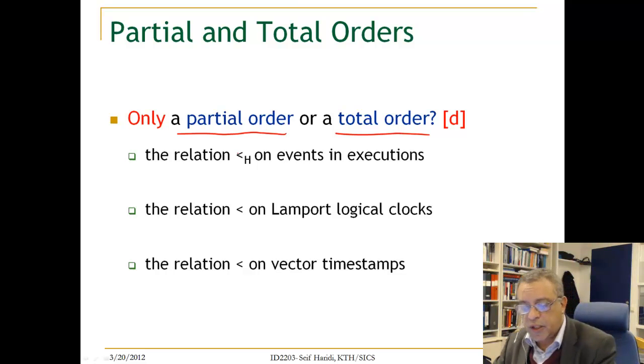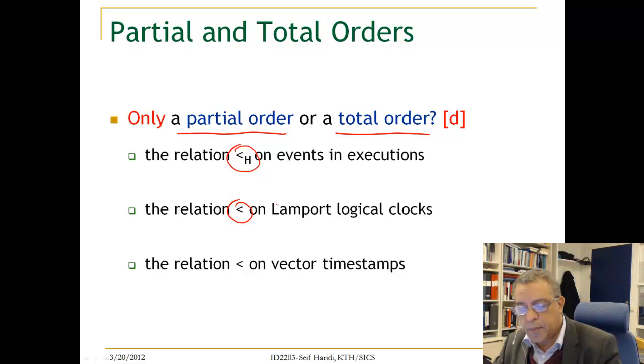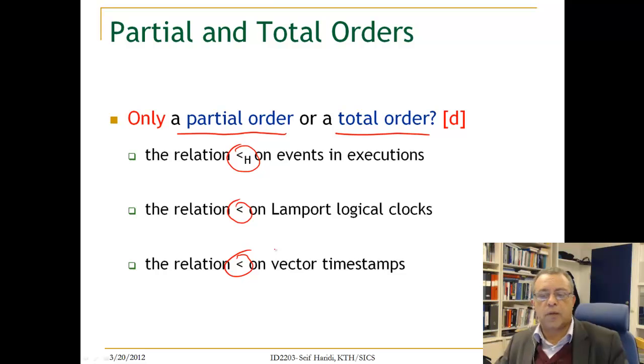We have the happened-before relation, and the question is whether it is a partial order or a total order. We have the relation on Lamport timestamps, and we have the relation on vector timestamps. I would like you to answer this question. I leave it for a second.